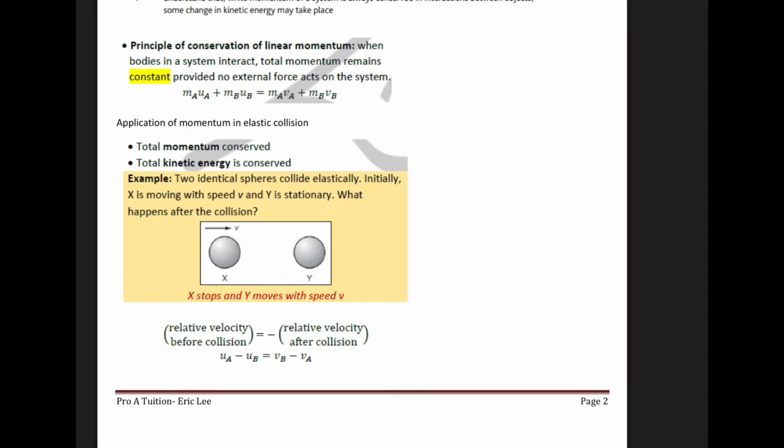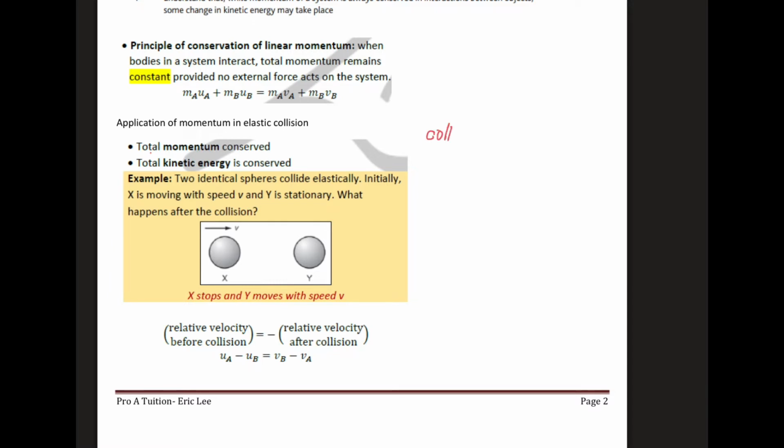Let us look at this part: applications of momentum in elastic collisions. So what is an elastic collision? In order to understand this, it is good to separate the collisions into these situations.